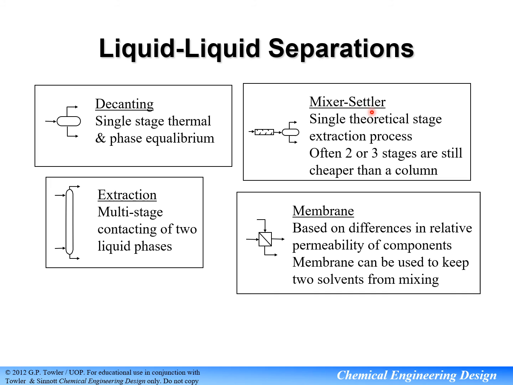For the mixer settler, normally it is a single theoretical stage extraction process. It also can be used for two or three stages and is still cheaper than a column. For the membrane, you can use it based on the differences in relative permeability of components. This membrane can be used to keep the two solvents from mixing.